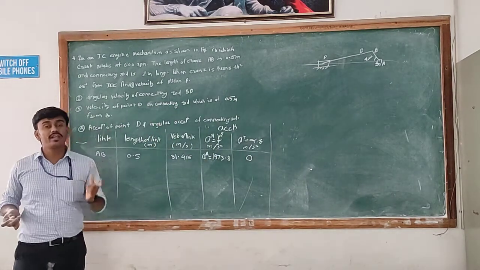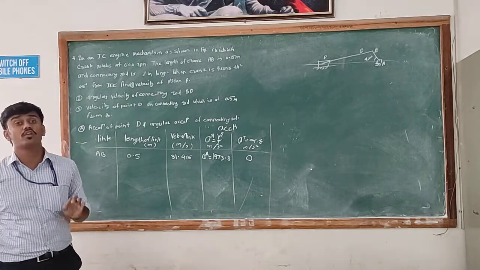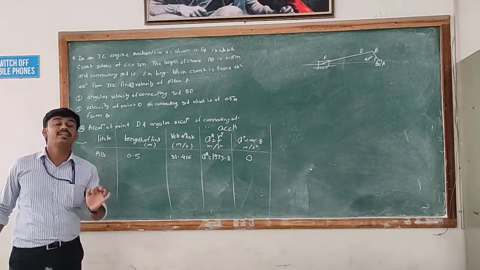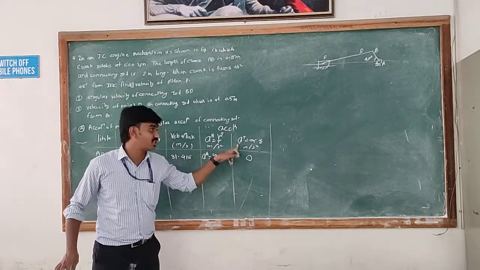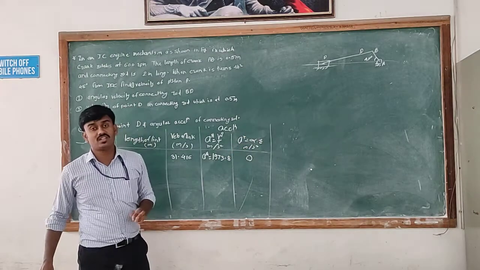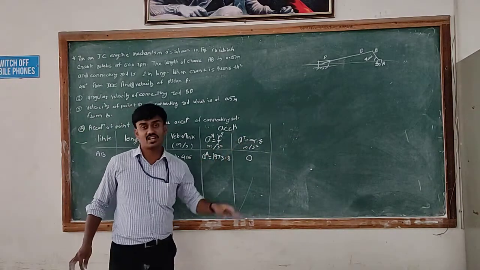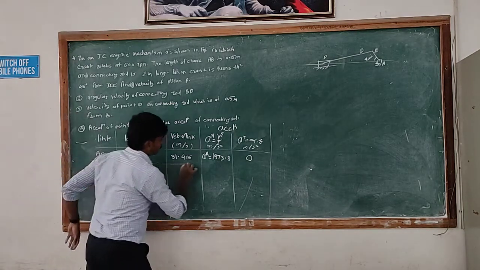If any body is rotating with a constant angular velocity, then its angular acceleration is 0, and if alpha is 0, then tangential acceleration is 0. Okay, this is our first part.